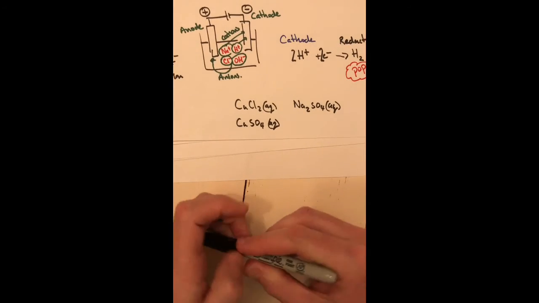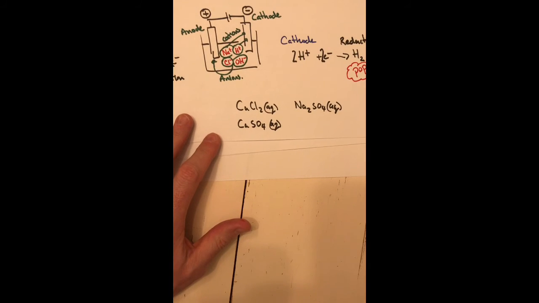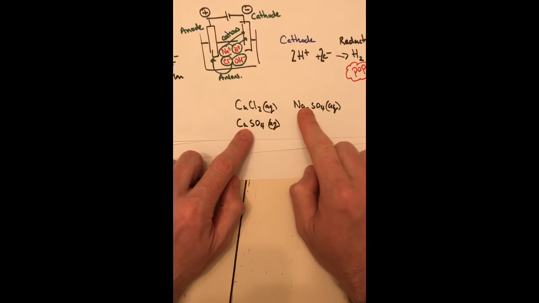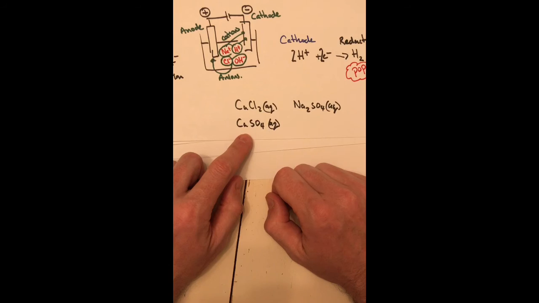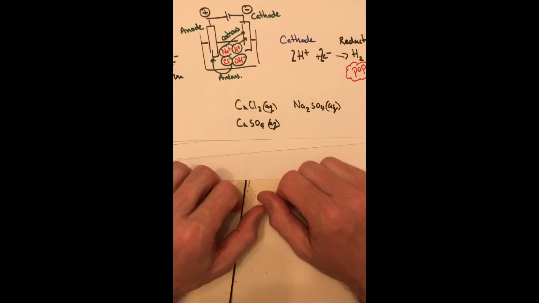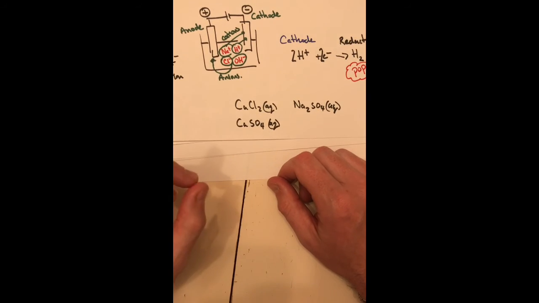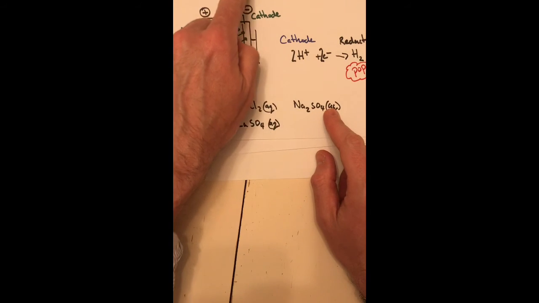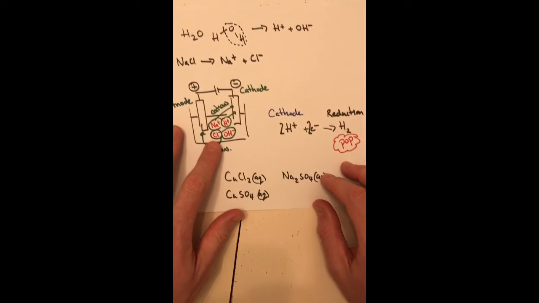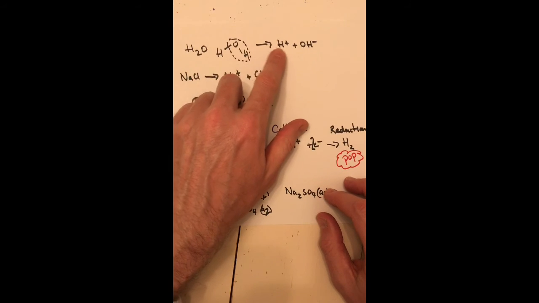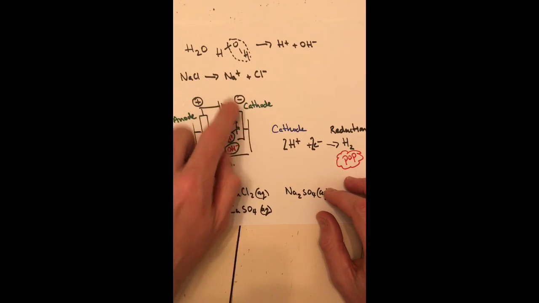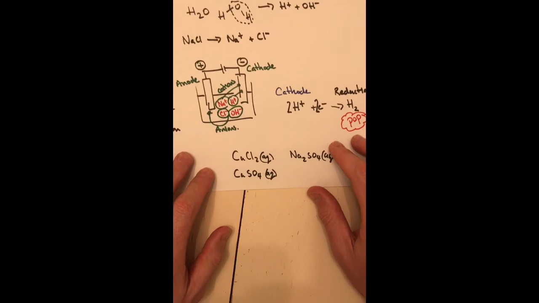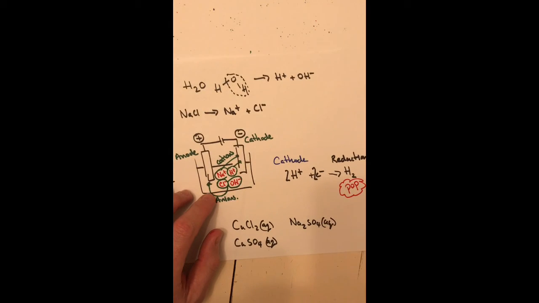So a good little test would be to watch this video again, get yourself familiar with what's going on, and then try these 3 to see if you can work out what is going to be formed, remembering that they're all in solution, therefore they all produce, as it shows you at the top, hydrogen ions and hydroxide ions in addition to the ions contained in each of those formulas.